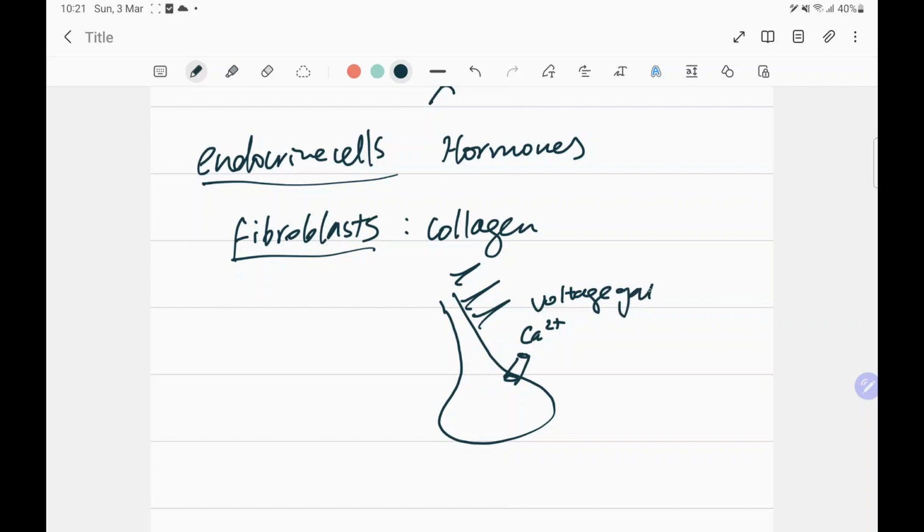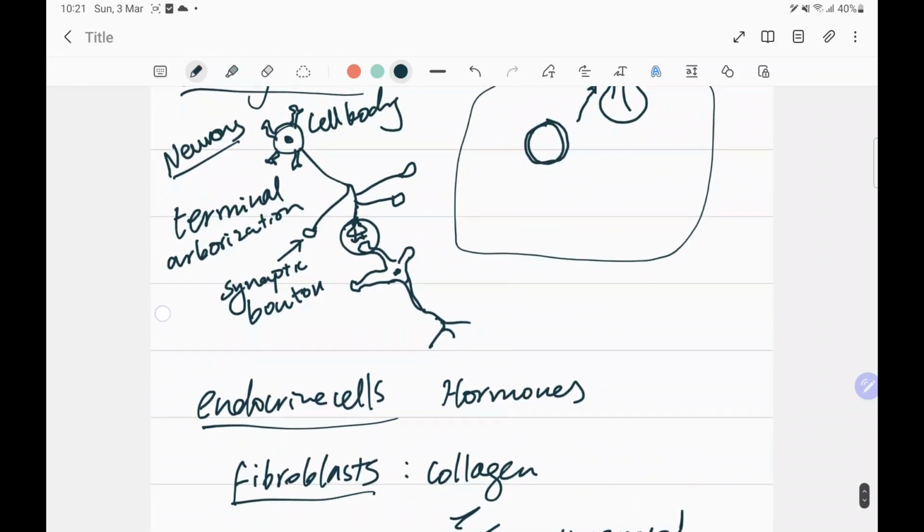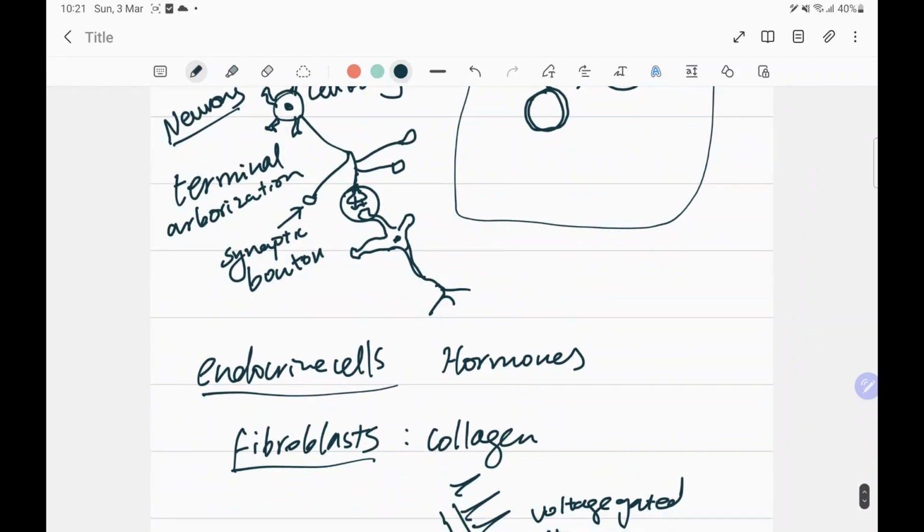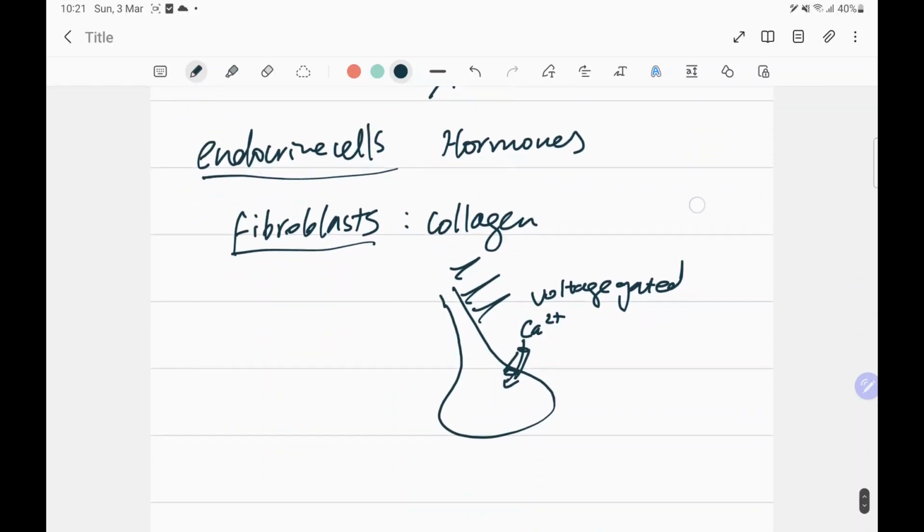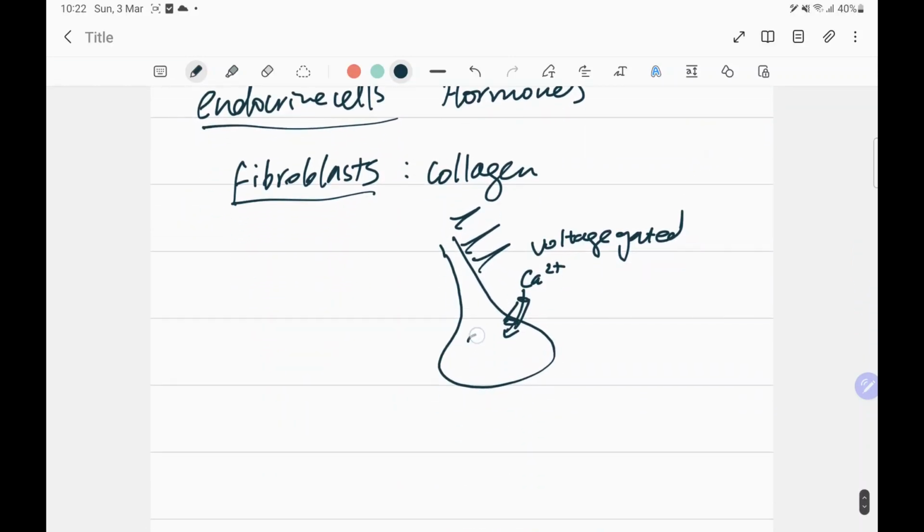Voltage gated calcium channels exist, and calcium enters into the cell. Now remember, whenever most of these cells have to release something like a neurotransmitter or a hormone, calcium has to enter into that cell. Then the vesicles present in the cell containing the hormone or the neurotransmitter will be motivated to fuse with the cell membrane and undergo exocytosis. But that happens when calcium enters into the cell.